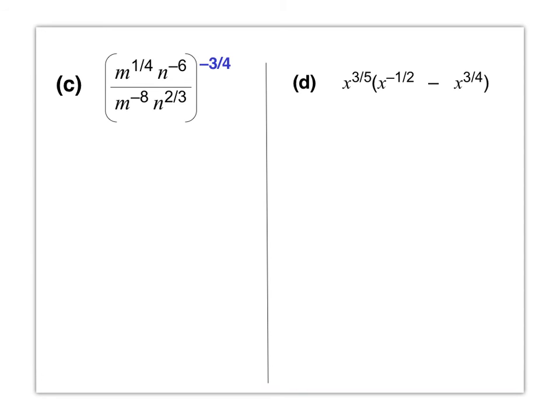We can simplify this because 4 goes into 8 two times, and negative 2 times negative 3 will give us m to the 6th power. And then for the denominator, n to the 2/3 raised to the negative 3/4 power, we multiply 2/3 times negative 3/4. This simplifies and gives us n to the negative 1/2 power.